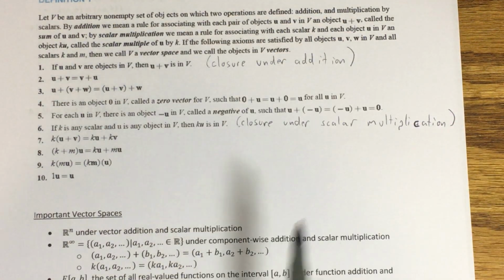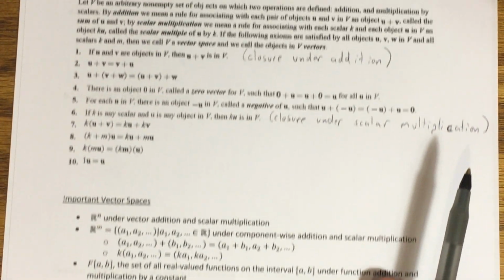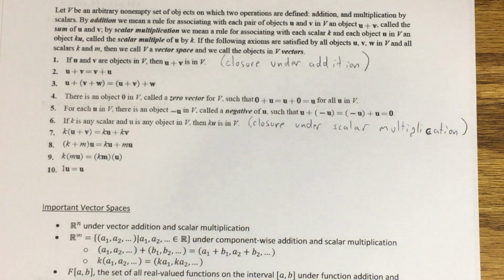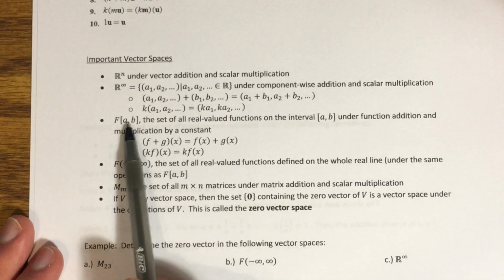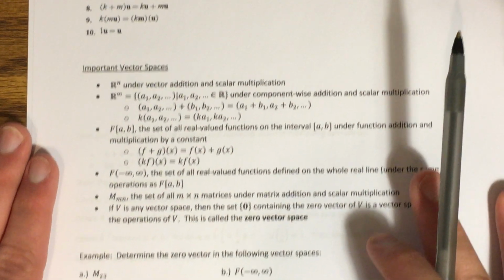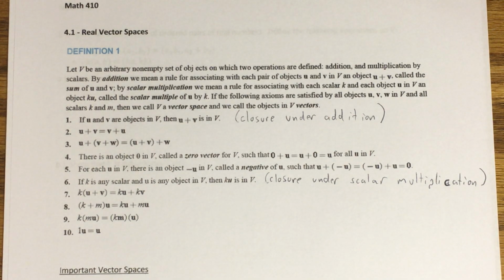In the case of either of these sets, I can look over some of these axioms and mentally check them off and say, yeah, I know that that's true for this space. So, for example, let's suppose that we're looking at the set of functions that are defined on the interval AB. If I take two functions that are defined on that interval and I add them together, I know that the result will be another function that's also defined on that interval.